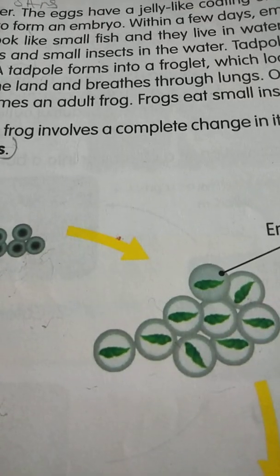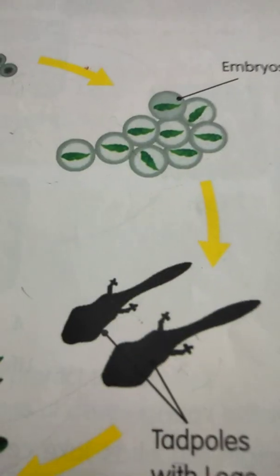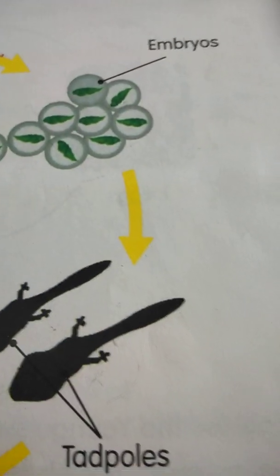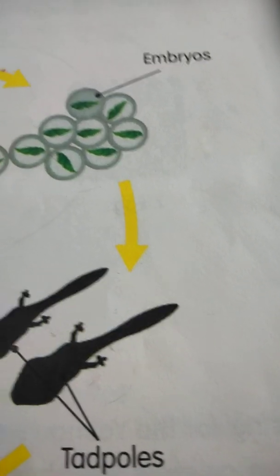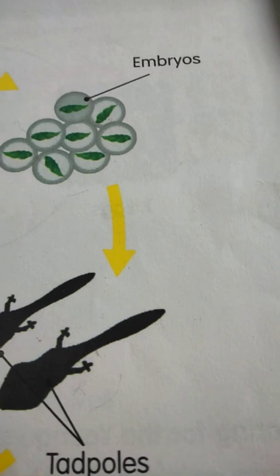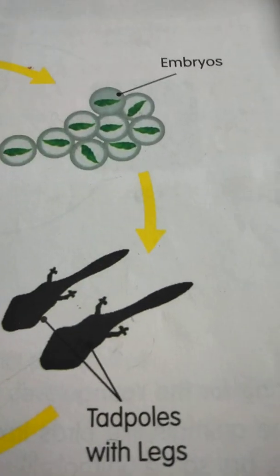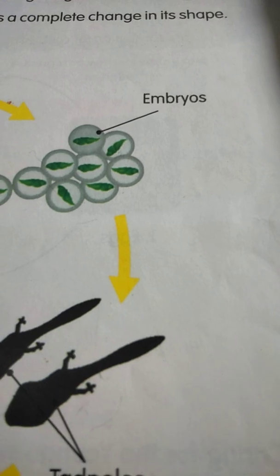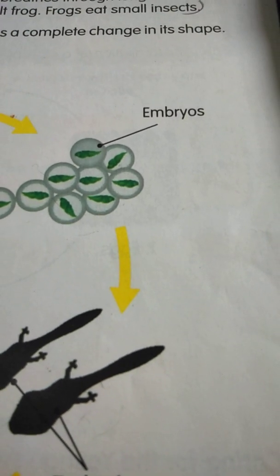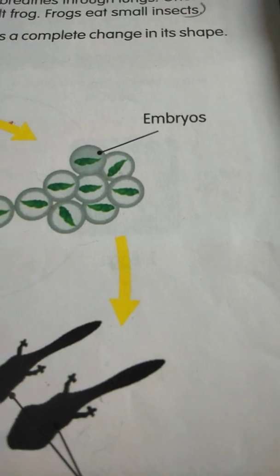One more thing I want to tell you. Some poisonous substances can make tadpoles slow in their movement because tadpoles live in water. When there is no pollution, they will be very active. But if any pollution is there, the movement will be very slow. This makes them easy prey for fish. If the life cycle of a frog is affected, it means the water has poisonous substances in it, right children?